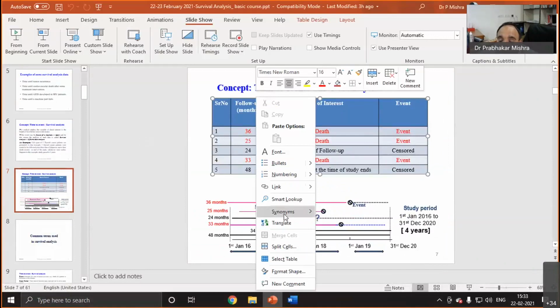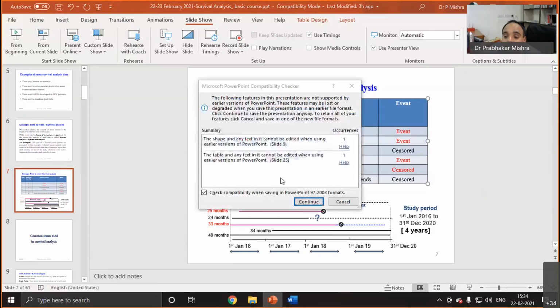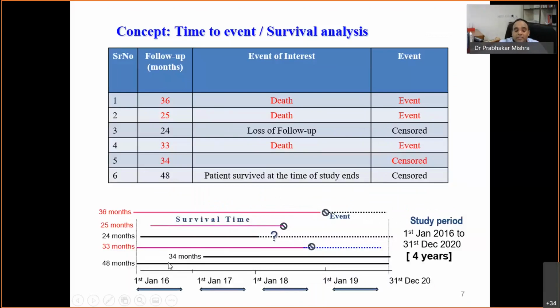This is 34 months, and the patient is censored. So this is also censored. So there are 6 patients, this is the 6-patient data.